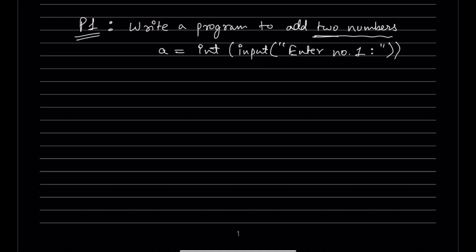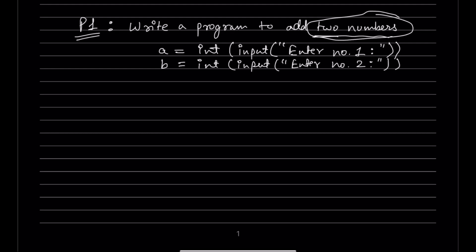Then you need to ask for another number, because it is mentioned that you need to have two numbers, right? So I'll take another variable, that is b, and I can duplicate the command. Again, I can write int input, and I can mention the request again, but I'll change it a little bit. I'll write enter the number 2, or enter the second number you can use. After taking the input, you need to do the calculation, right?